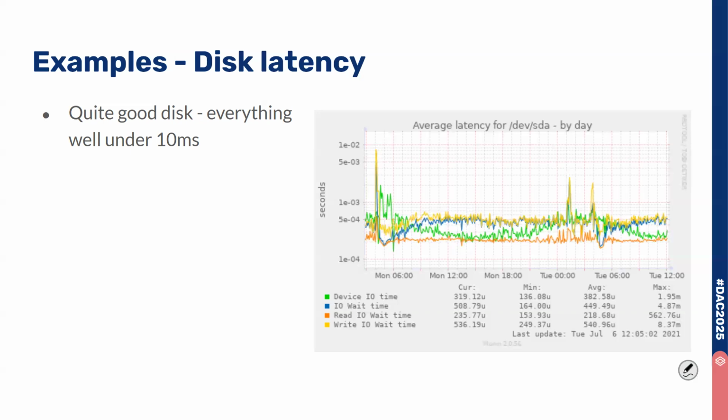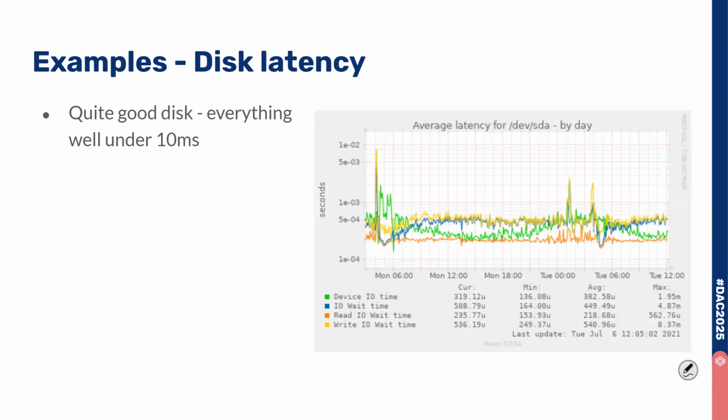So what disk latency means is how much time generally the CPU is waiting between trying to read and actually reading, right? Sometimes if the disk is very busy, it's going to give you bad figures. So what we're seeing here is average in microseconds, which is good. Maximum going into a couple of milliseconds.